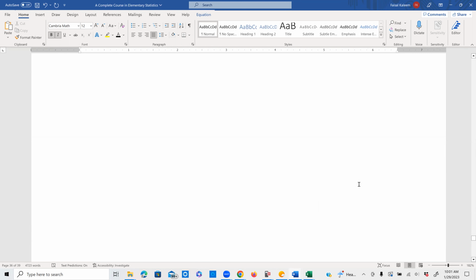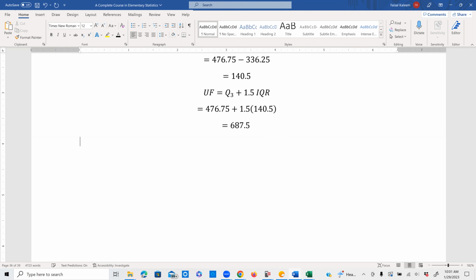And remember that in Excel, every command starts with the equal sign. You just have to remember that.